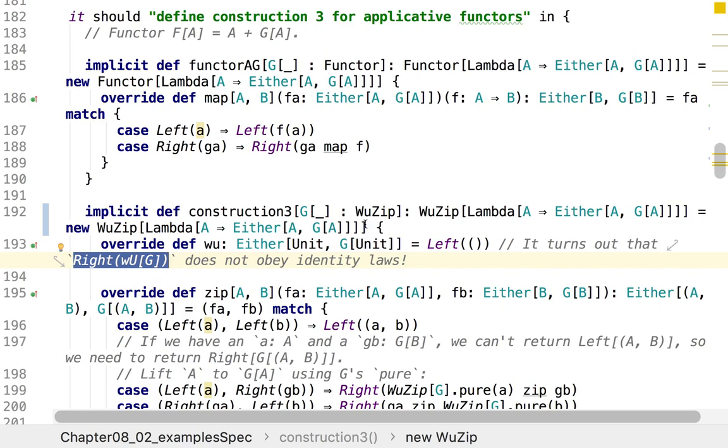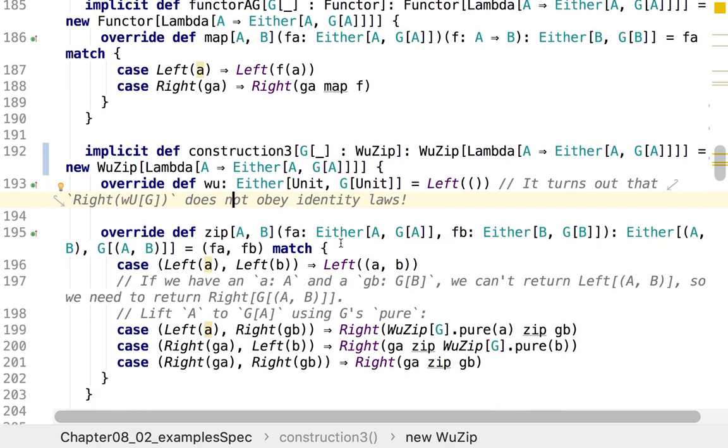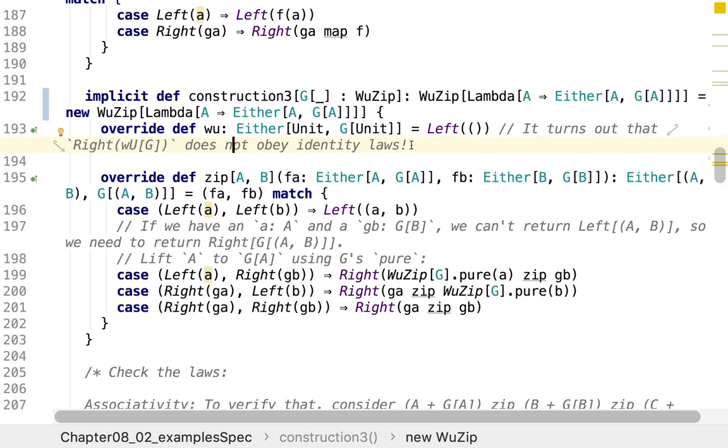So we could have either this or that. We actually don't know upfront which one is correct. We need to find out. So it turns out that only this fulfills the identity laws, and this one does not. We'll see why very shortly. But at the beginning you don't know, so you know that there are two possibilities. You have to explore both of them.